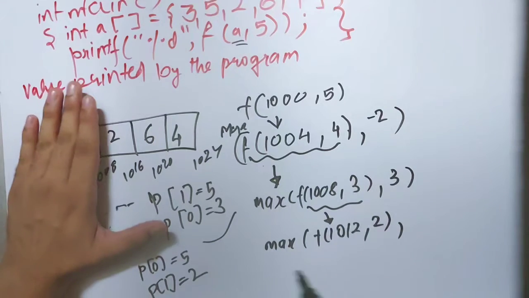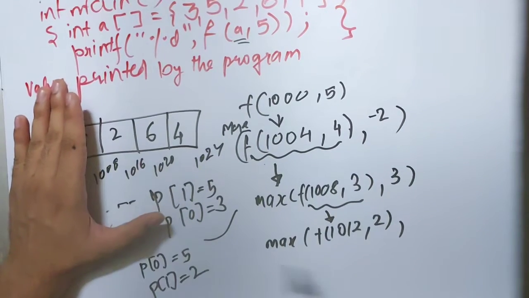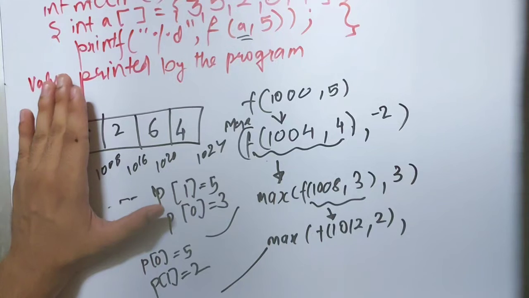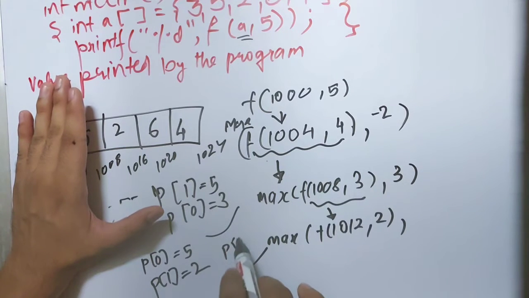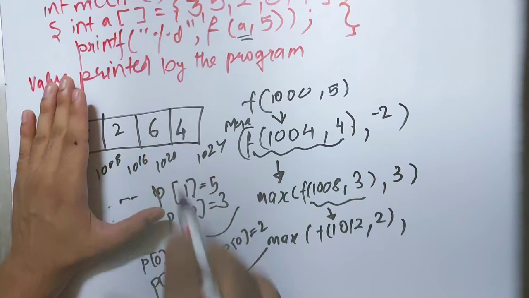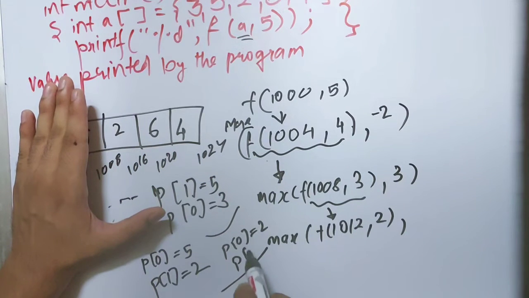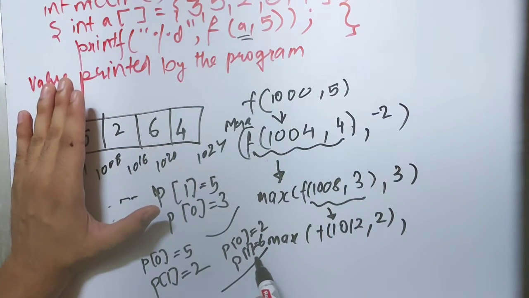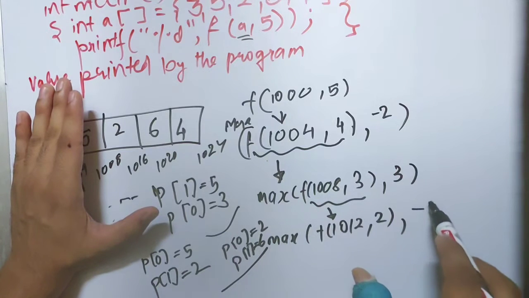And now our p of 0 becomes 2. P of 0 is 2, and for p of 1 we skip the first element, and then p of 1 is 6. Okay, and now p of 0 minus p of 1 is 2 minus 6, which is minus 4.